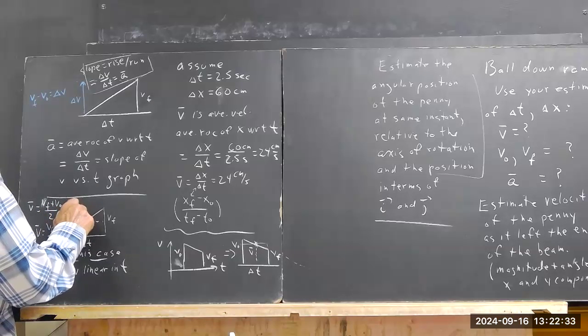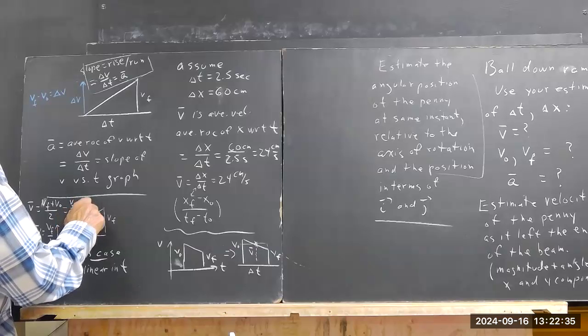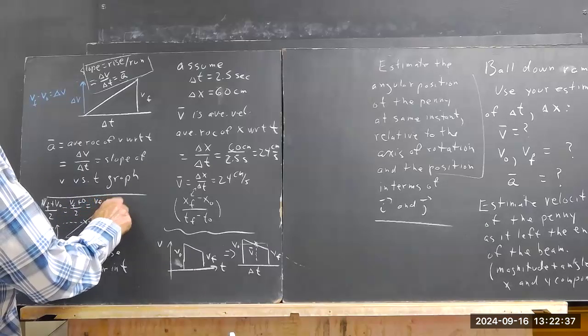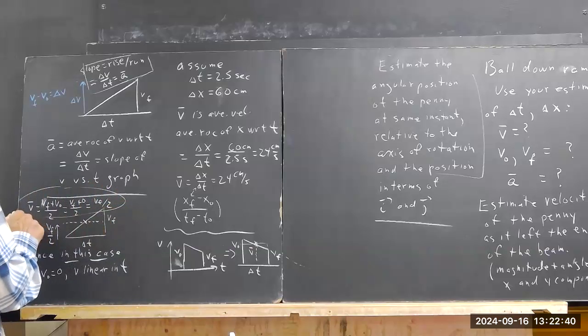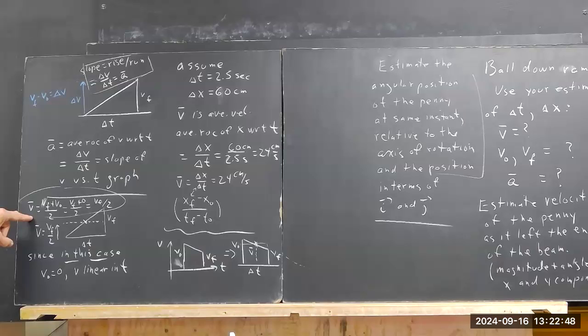In this case, it's VF plus 0 over 2, which is VF over 2. It is legitimate for any uniformly accelerated motion that you can find the average velocity by averaging the initial and the final. And it's also true as a result of this picture. There are 2 reasons why V bar is VF over 2.